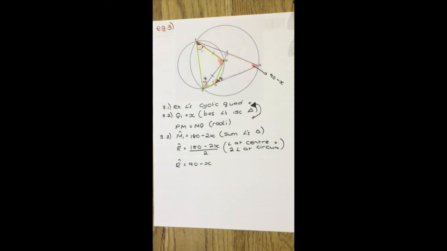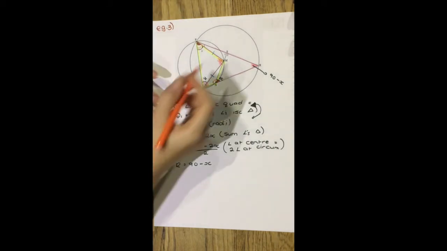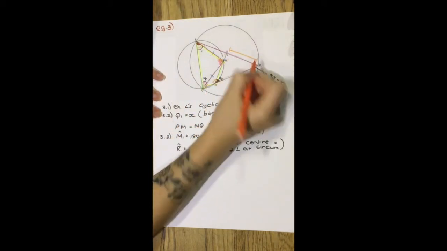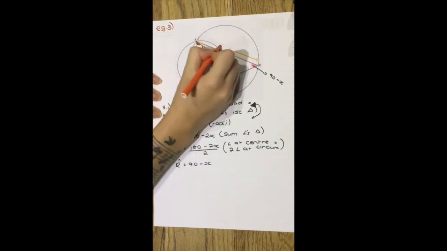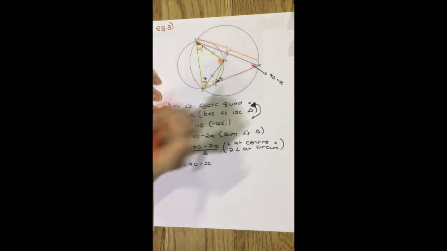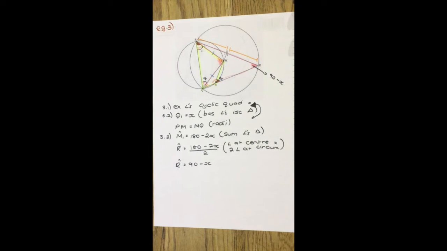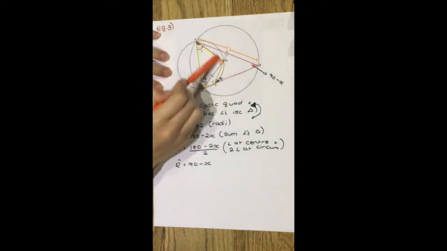Okay. Lastly, prove that PS is equal to SR. Okay, prove that. So what they want is this one. We must prove that that one is equal to that one. Now remember I said earlier, this to me looks like theorem 1.